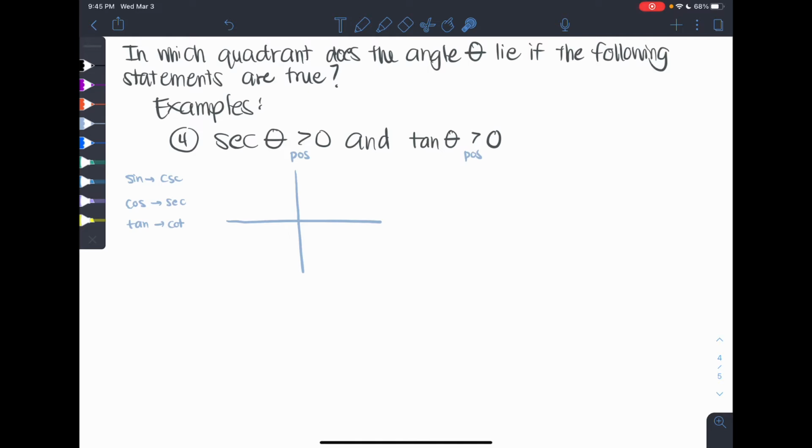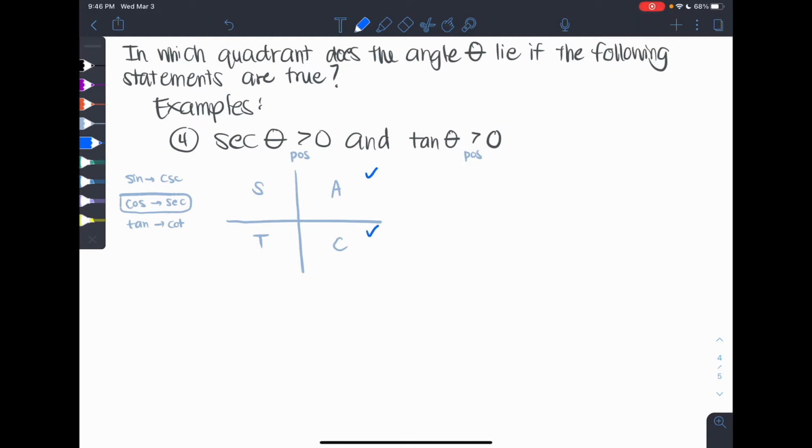So looking at secant of theta being positive, we're essentially looking for wherever cosine is positive. We know that cosine is positive in quadrants 1 and 4.